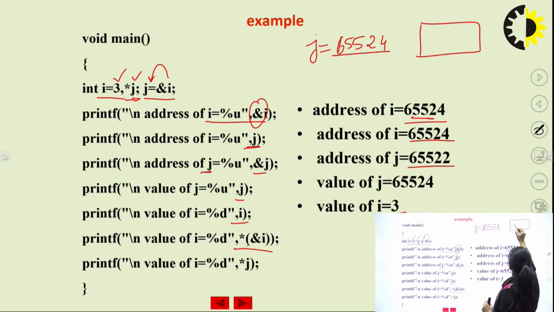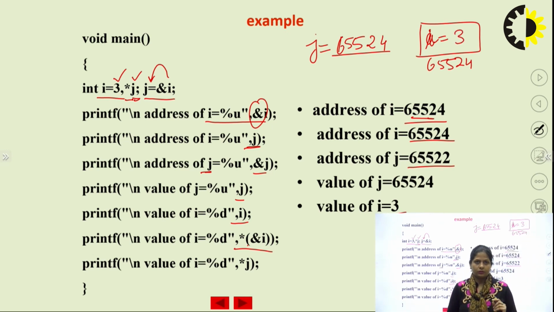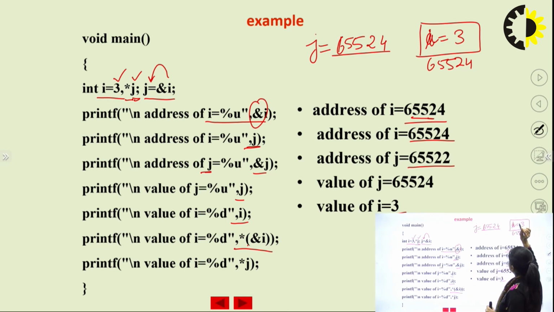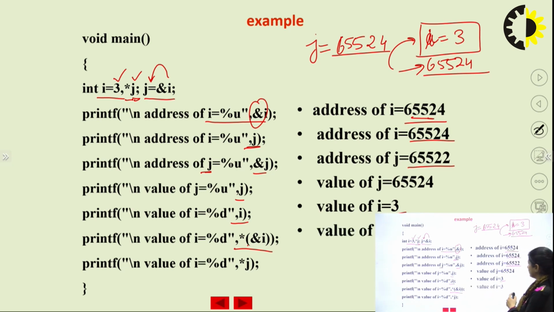When you declare a variable, it is assigned some address in memory. Here I is an integer variable which has been assigned the value 3, and the address is 65524. Now, what I am asking is the value at address of I. The address of I is this. What is the value at this address? It is 3.